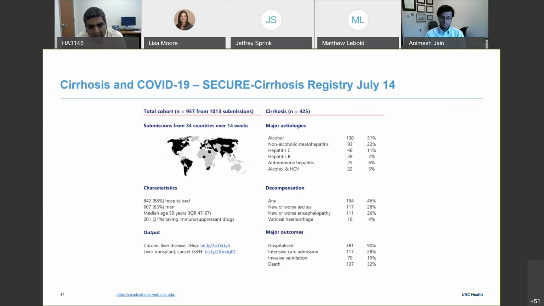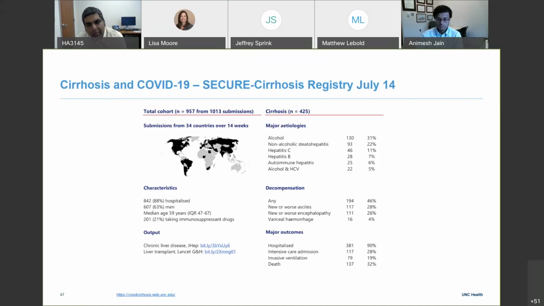And what you can see is that in the database, the reported mortality is comparable to what that last study showed, where the death rates are around 30% in the cirrhotics that have been reported. Granted, this is limited by bias by what's been reported, but this would make sense, in that those who had liver disease have higher rates of decompensation as well as mortality if they get COVID-19.